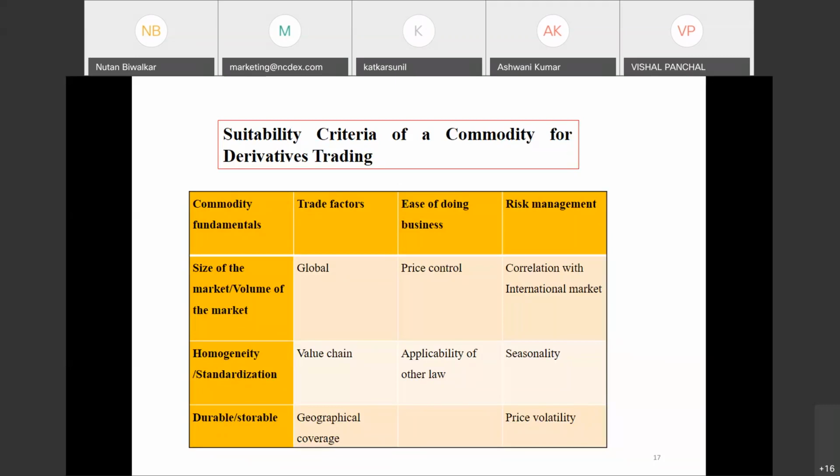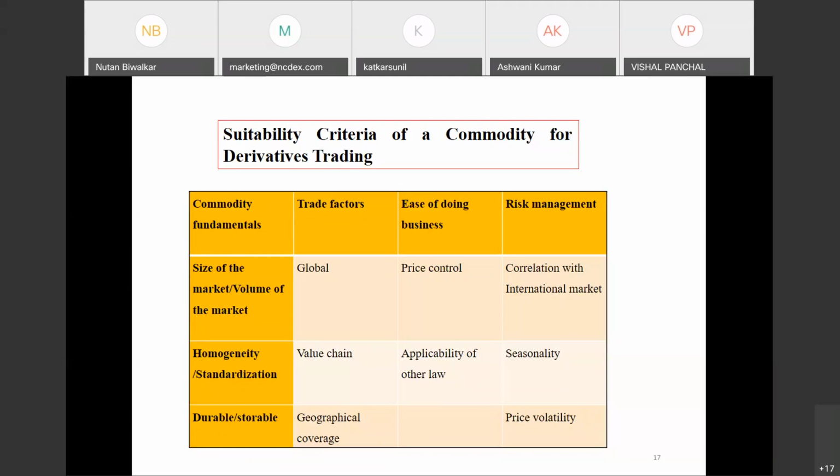If there is an MSP, minimum support price, or administrative price concepts, then it is very difficult to ascertain the suitability. The commodity may not be conducive for that matter.